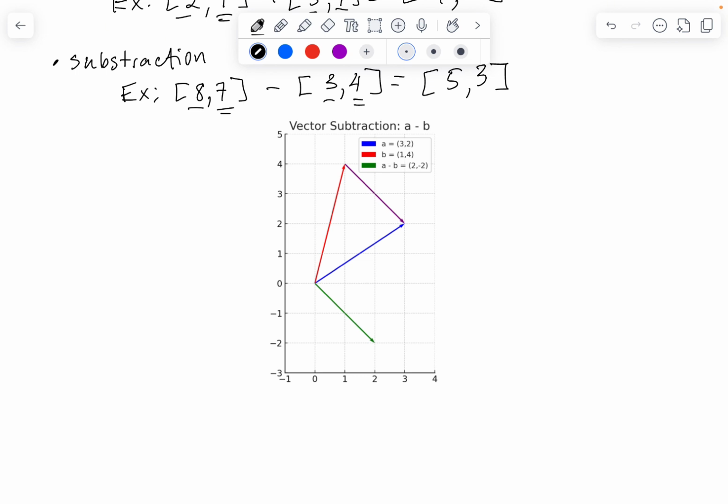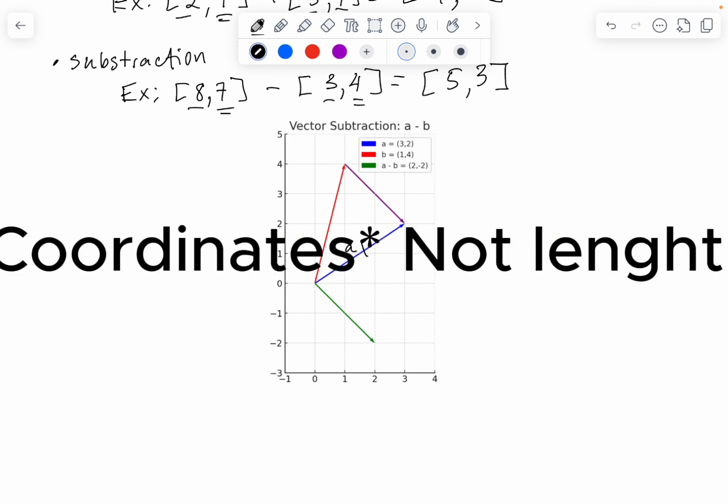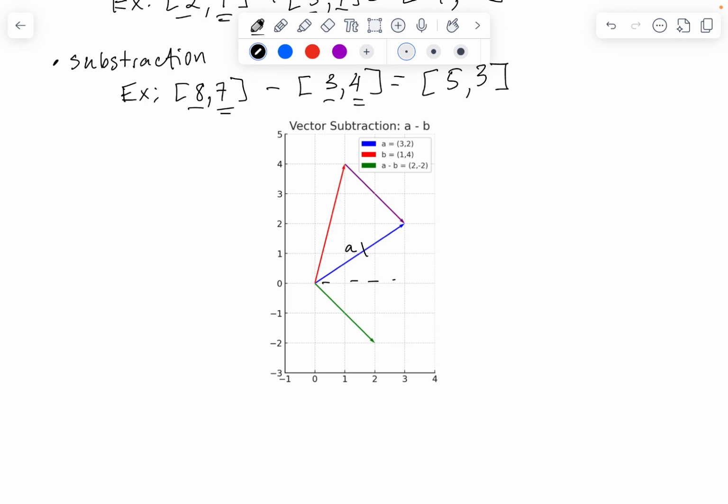So we have here a, it has the length of 3 and 2. It's because we have 1, 2, 3 here and 2 here. The same with b, we have 1, 4. And this is vector b. So a minus b equals this purple line.